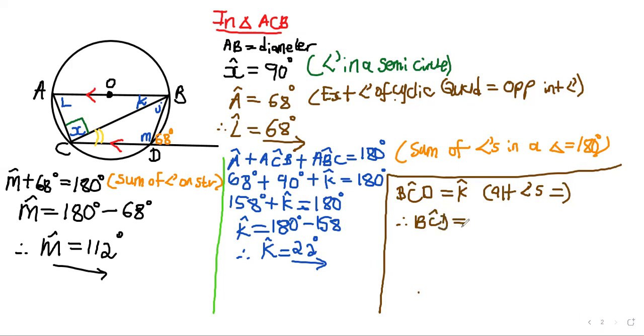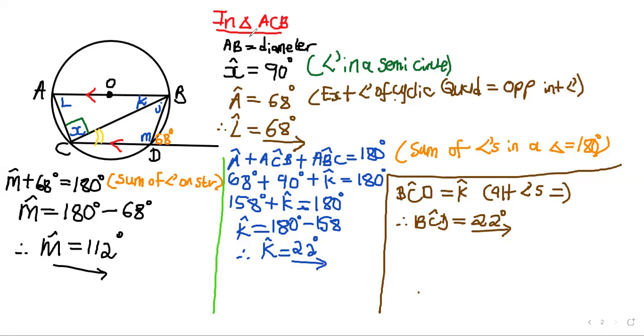Therefore angle BCD is equal to, so we know that our angle K is 22 degrees, as easy as that. After getting that, you can now determine angle J. To determine angle J, you can use the sum of angles in triangle BCD, or you can use the exterior angle of a triangle equals the sum of two interior opposite angles.